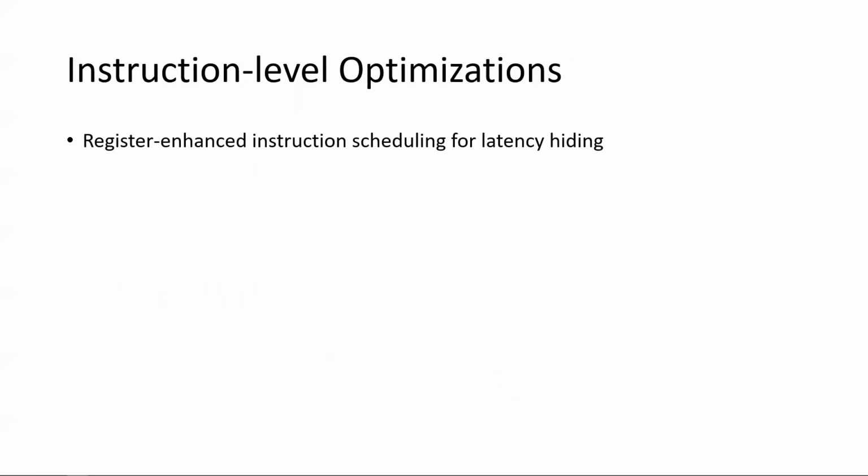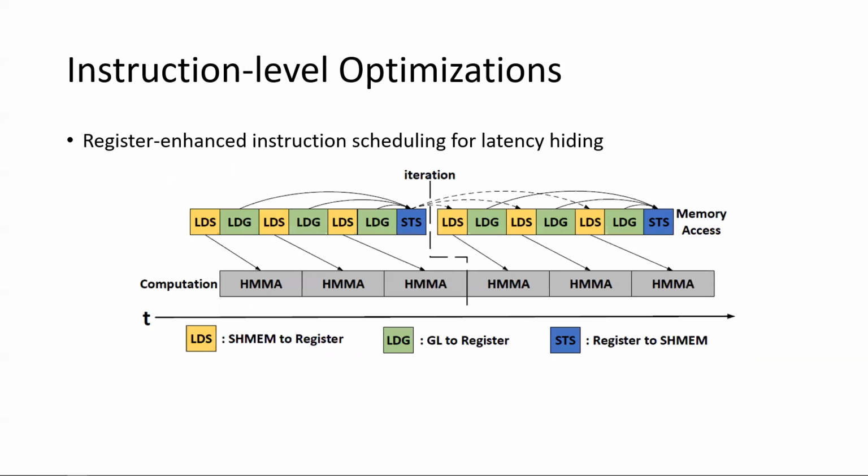So we also have some instruction level optimizations. First, we have the register enhanced instruction scheduling for latency hiding. We illustrated it in this figure. Actually, we split our workload into several iterations.